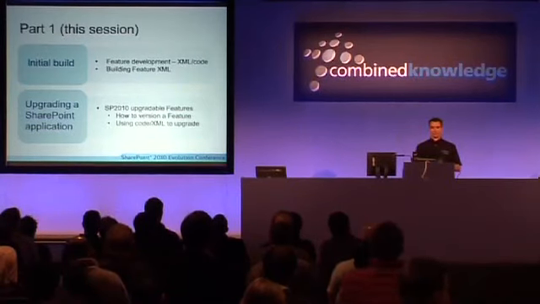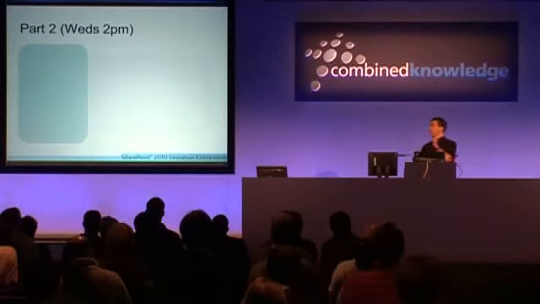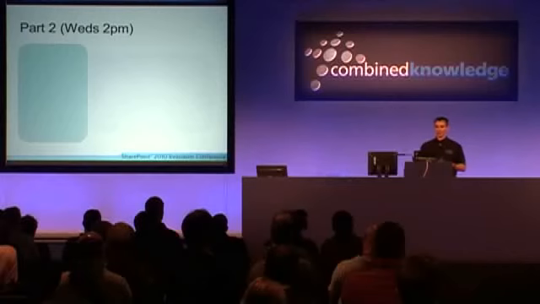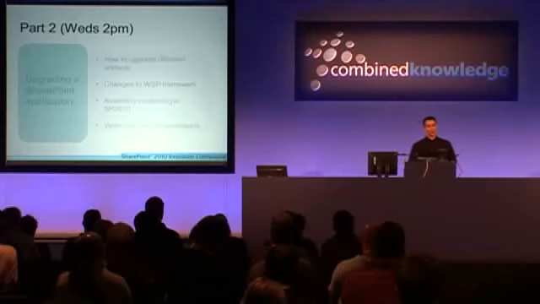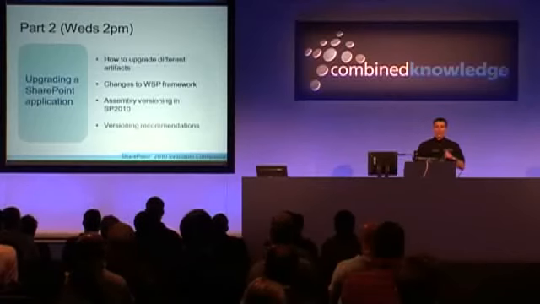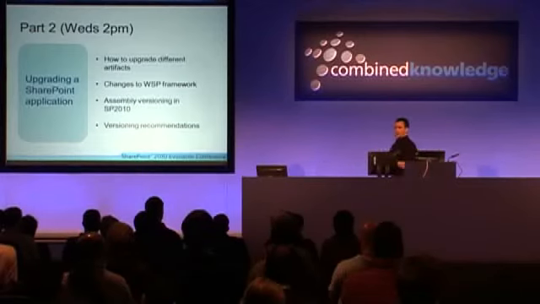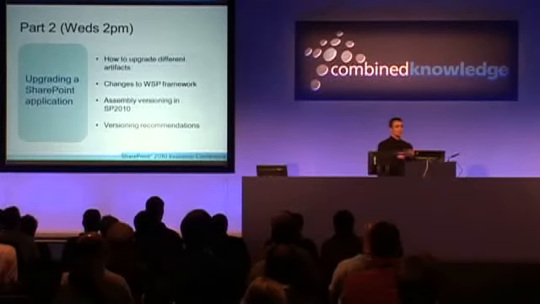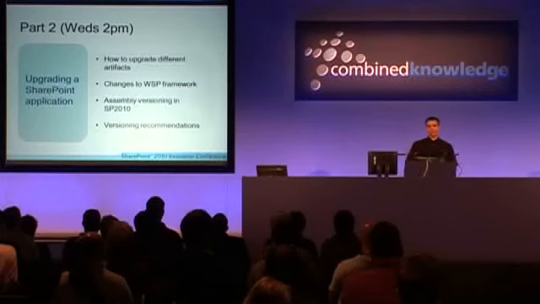So that's today. Next session, sorry, that's wrong. It's not Wednesday at 2 o'clock anymore. It's tomorrow at 11:45 a.m. So tomorrow, we're going to look at how different artifacts upgrade. So let's say that we've got a content type, or a list template, or a list instance. Those are all very different things internally to SharePoint. SharePoint does different things with them, and they have different upgrade characteristics.